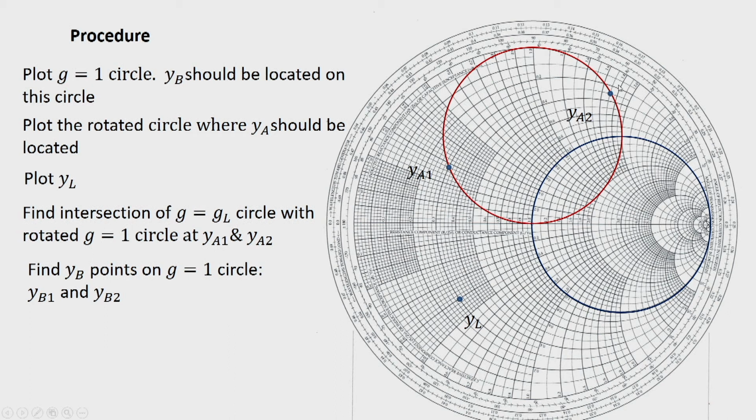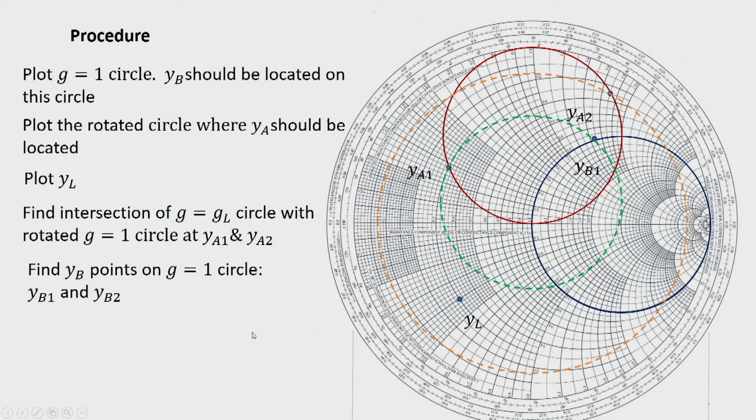Now, this has to be transformed to the g equal to 1 circle to get the corresponding y_B points, and in order to do that, we now move by the distance λ/8, an angular movement of 4πd/λ, that means here in this case π/2, and follow a VSWR circle, so that the intersection y_A1 on the rotated g equal to 1 circle corresponds to this point y_B1 on the g equal to 1 circle.